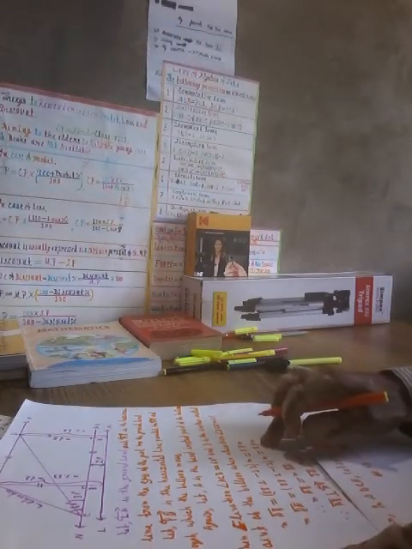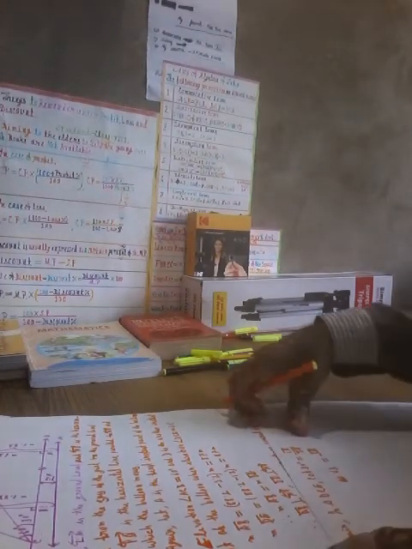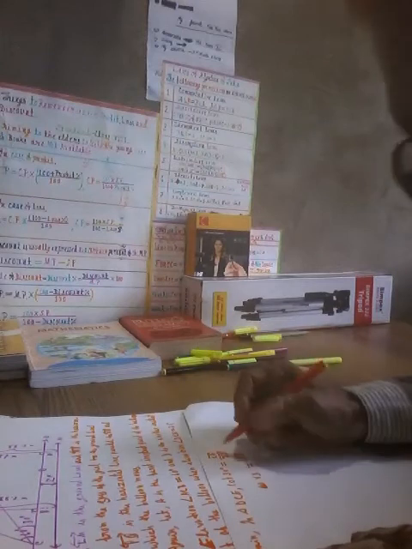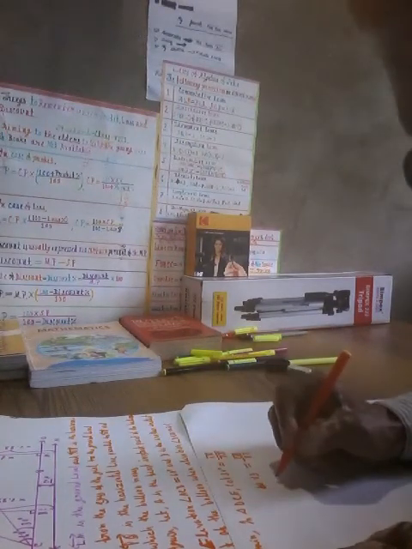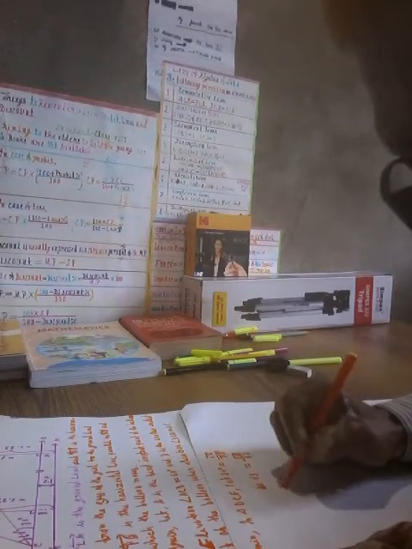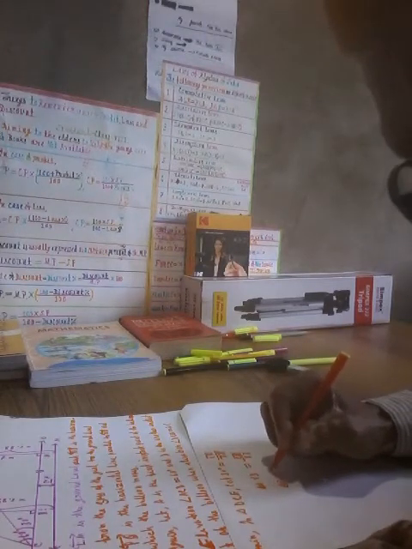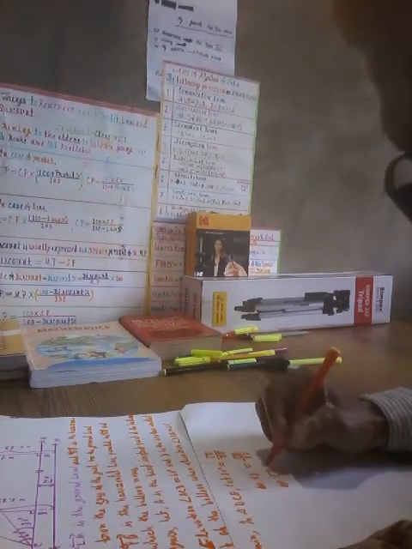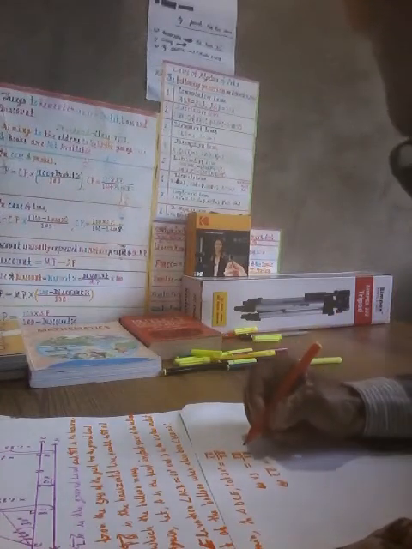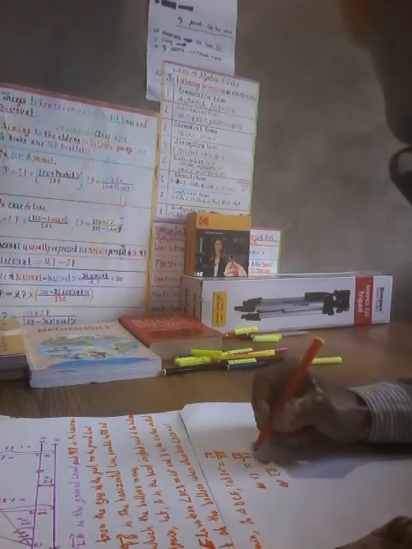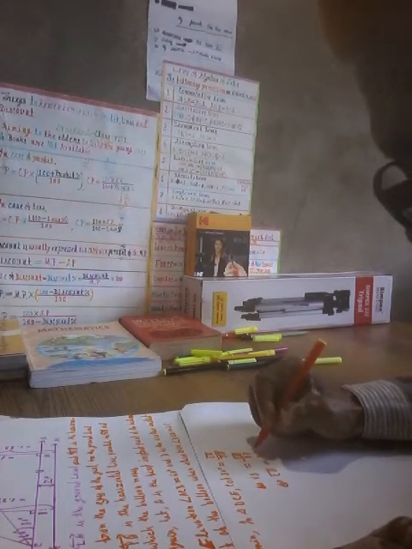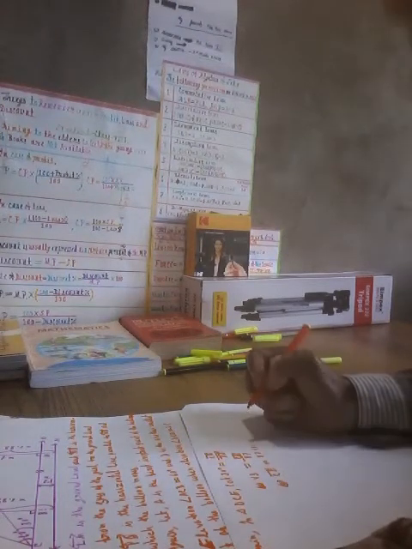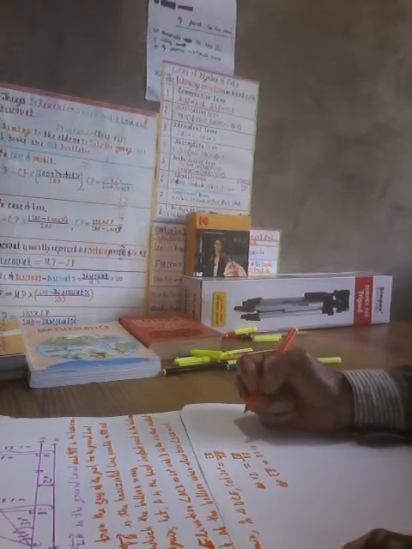Measure of DE is equal to 87 meter. This implies CE is equal to 87 root 3.